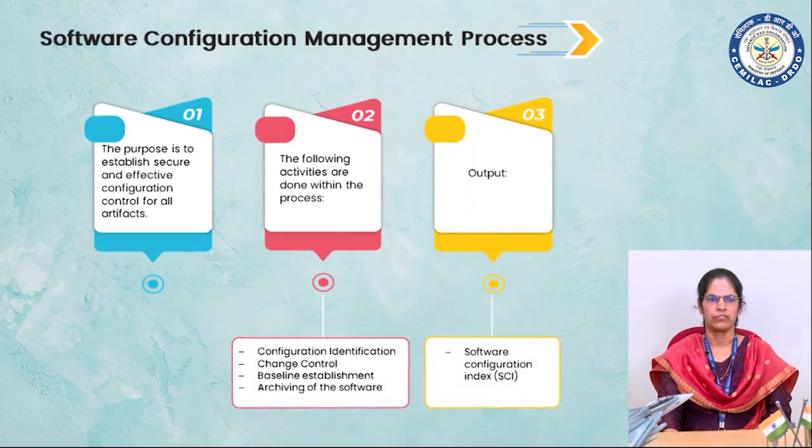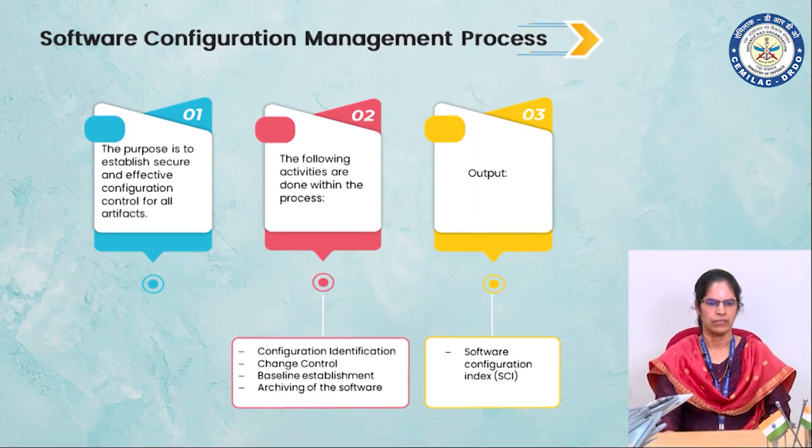The purpose of the software configuration management process is to establish secure and effective configuration control for all artifacts. The following activities are done within the process: configuration identification, change control, baseline establishment, and archiving of the software. Output of the software configuration management process is the software configuration index.